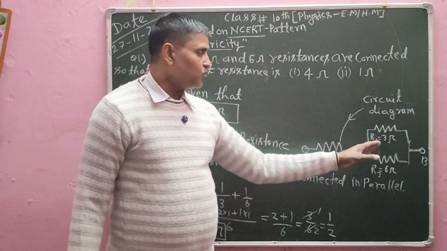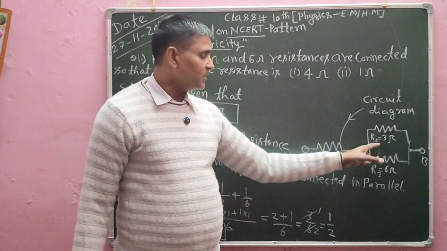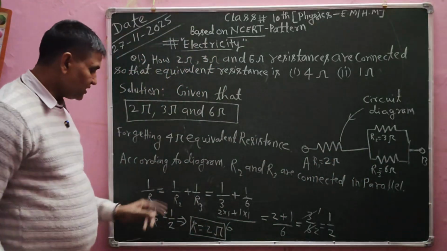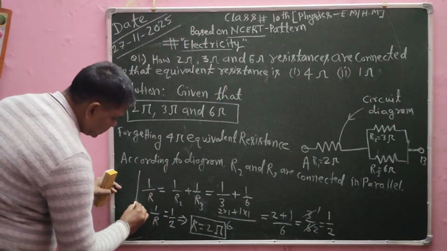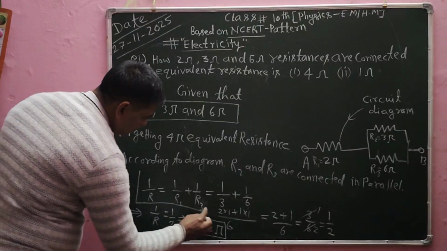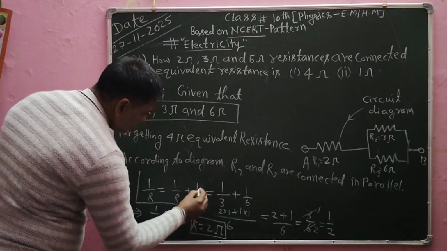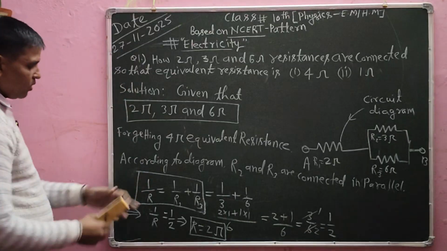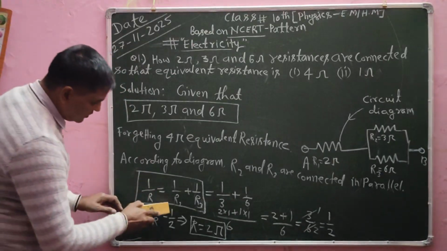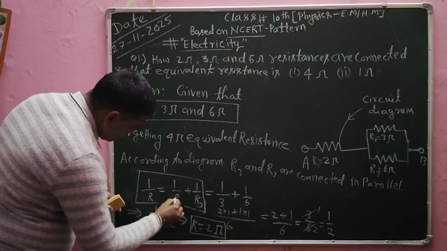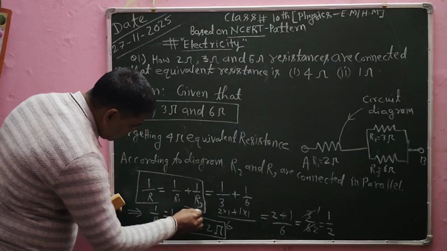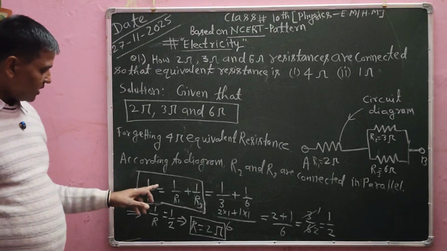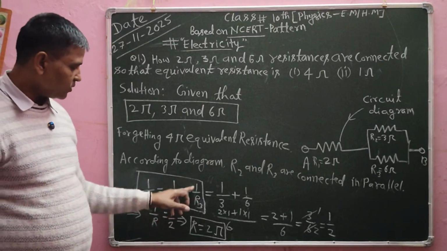I have used the formula for getting the equivalent resistance of R2 and R3, which is 1 divided by R equals 1 by R1 plus 1 by R2. Here I have written it properly as 1 by R1 plus 1 by R2.